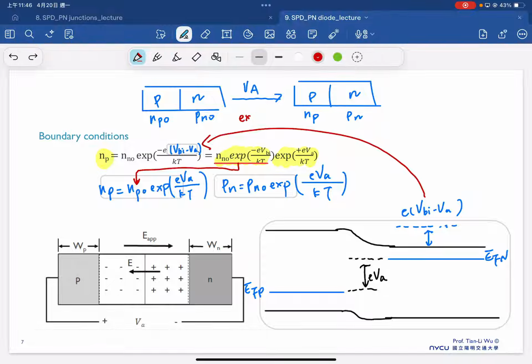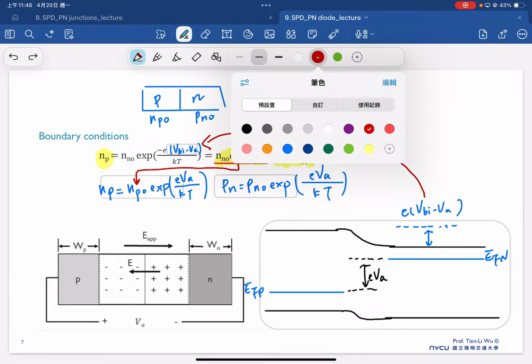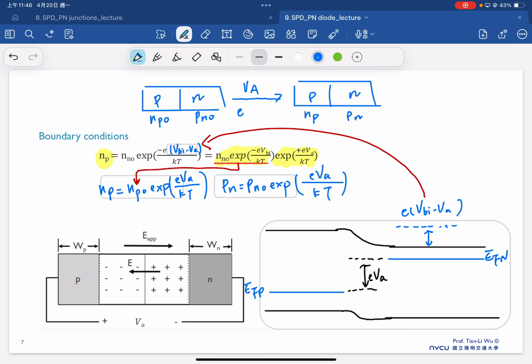I should not use this color because it gets confusing. That's all. So with the additional exponential bias over KT, we are able to calculate the minority carrier under the forward bias case.